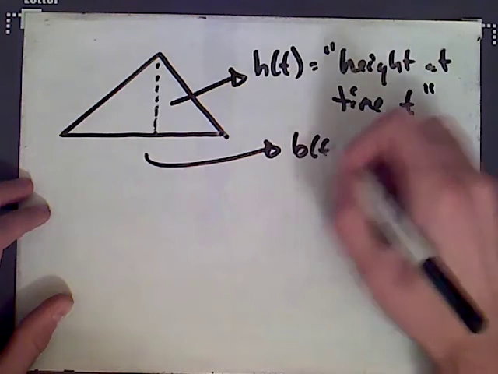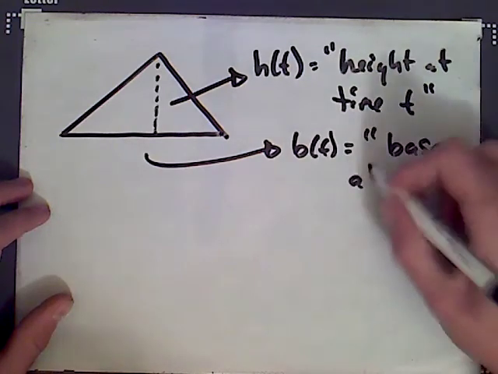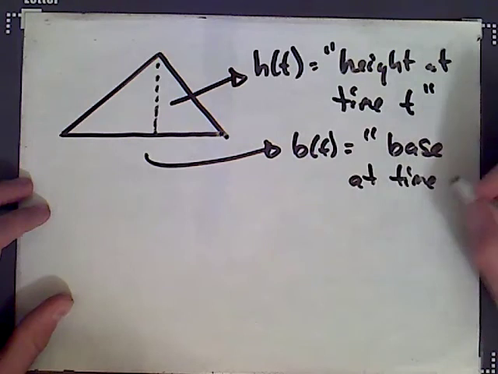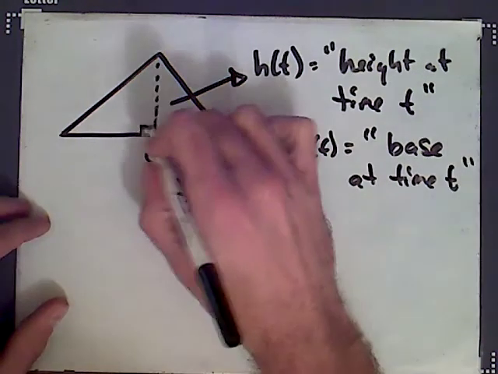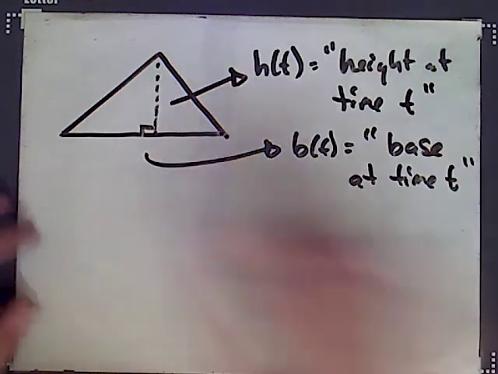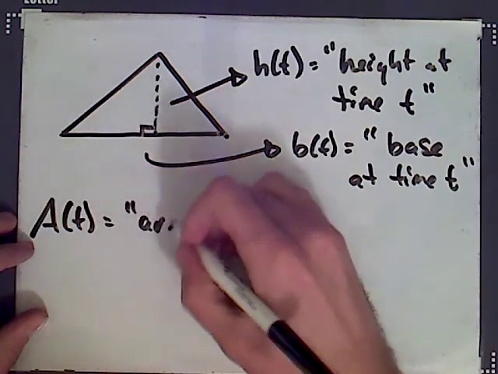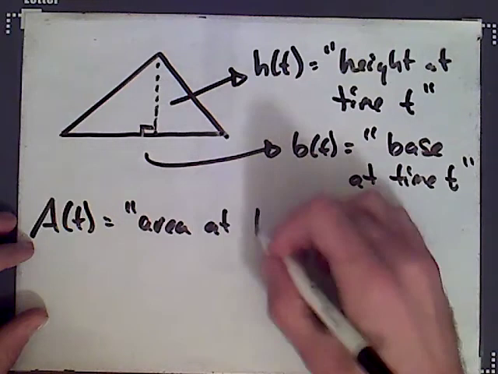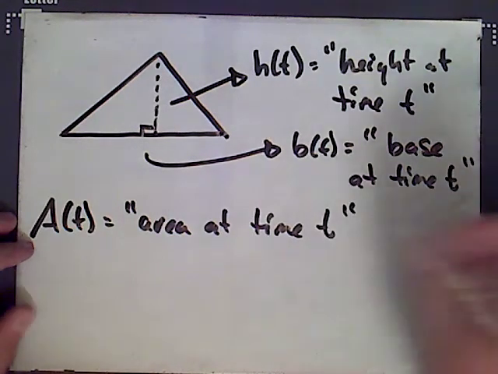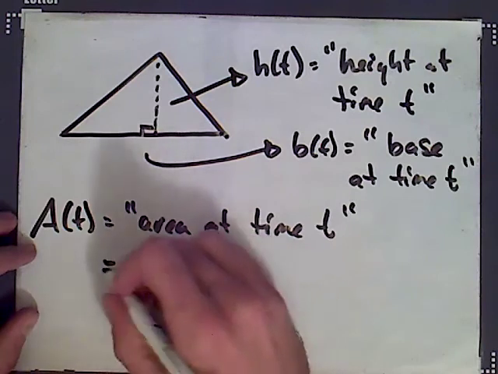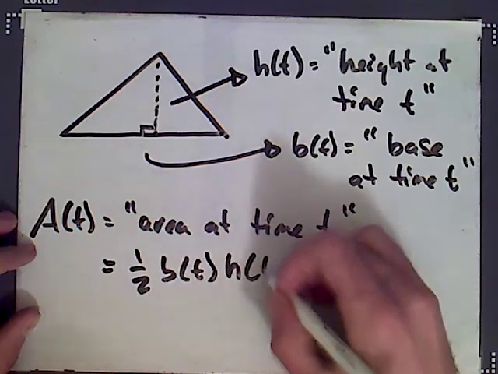B of t is the base at time t. This is a 90-degree angle. And we know the area, A of t, is 1/2 the base times the height.